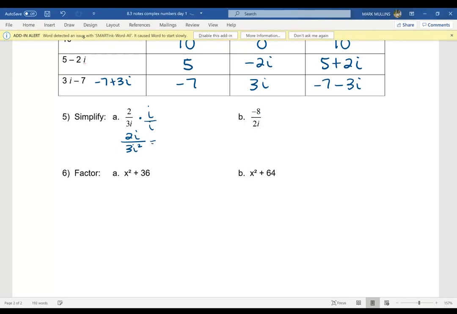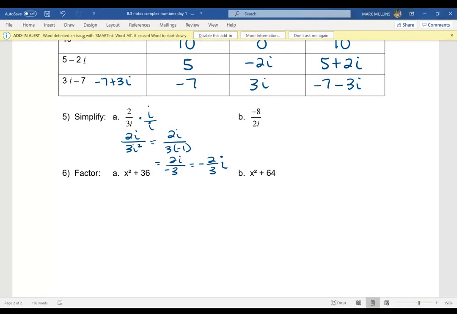So that would be 2i over 3 times -1, which is 2i divided by -3, which is really -2/3 i. I feel like there were a lot of extra steps in that problem, but I wanted it to be really clear what I was doing.